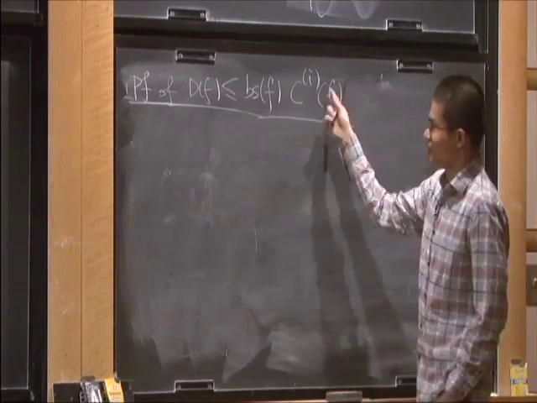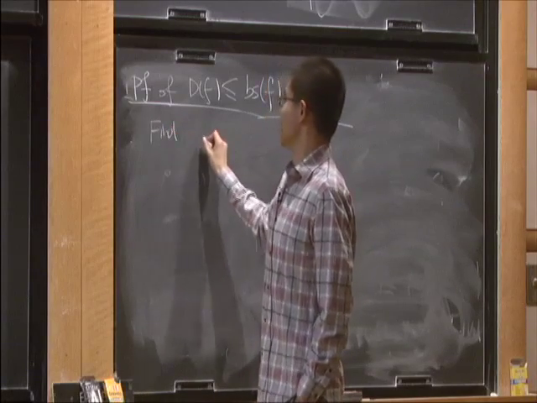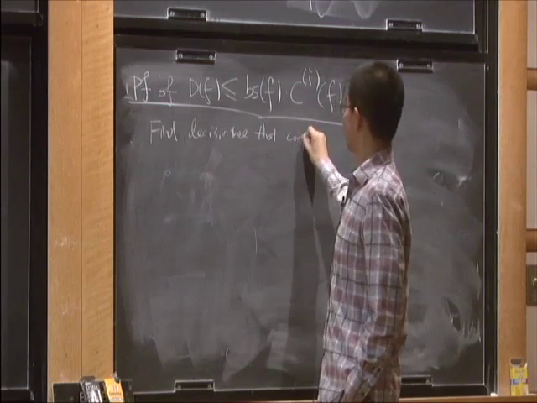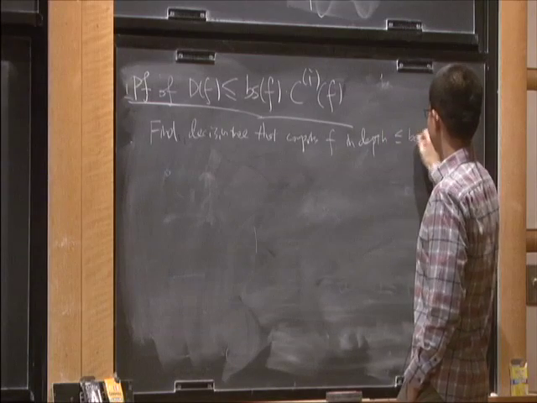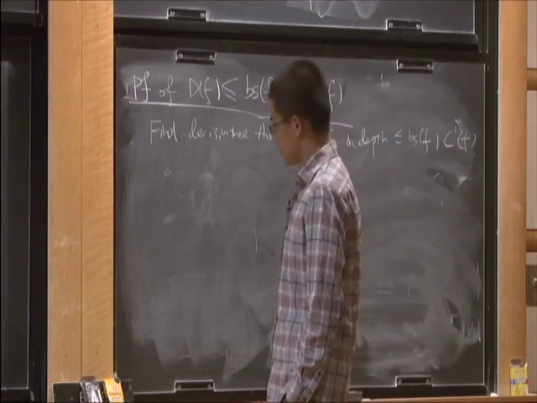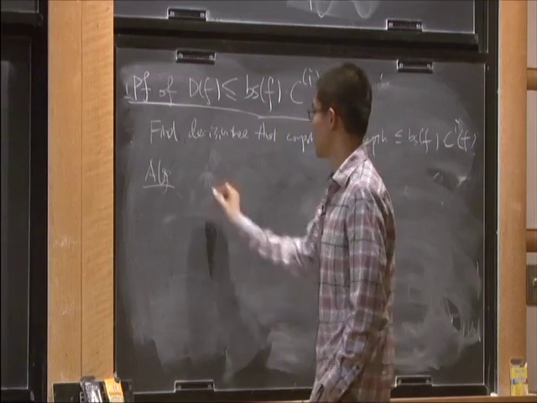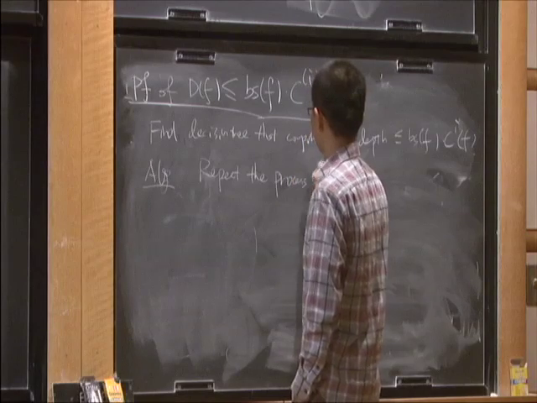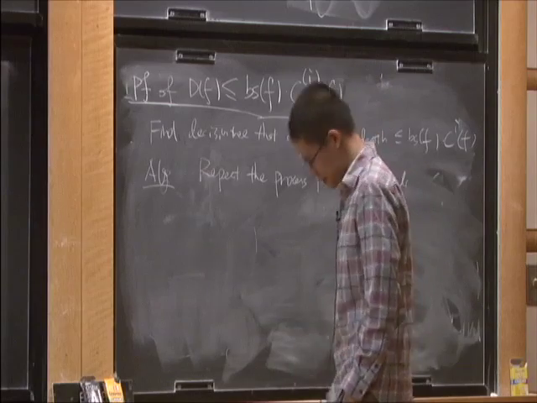So now I'll try to describe a proof of this theorem. Basically, we need to find a decision tree that computes f in depth at most bs of f times the certificate complexity. I will describe the following algorithm. Repeat the following process for bs of f rounds.